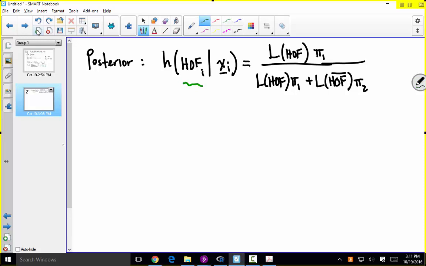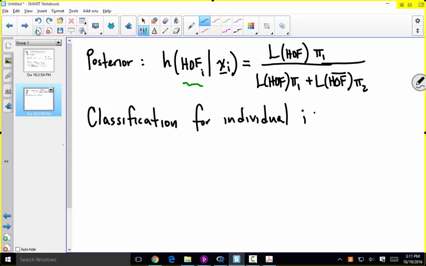And then classification for individual i. What we can do is compute the posterior probability of Hall of Fame for individual i and the posterior probability of not Hall of Fame for individual i.